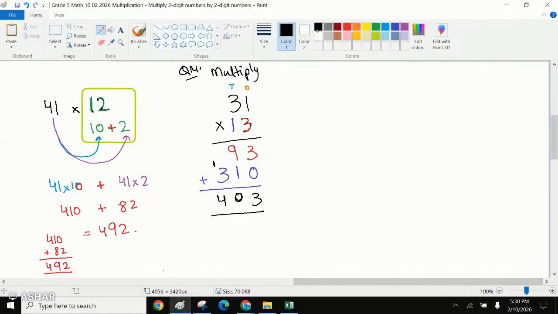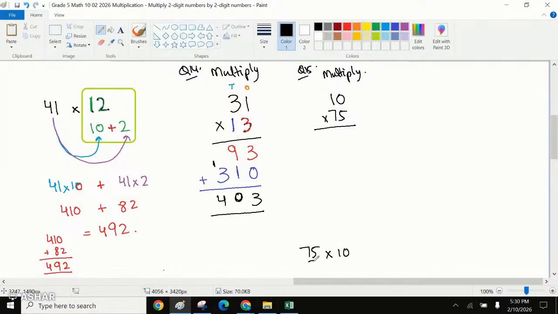Can I have the answer to question number 15? It says multiply 10 by 75. 10 multiplied by 75 should be 75 multiplied by 10.